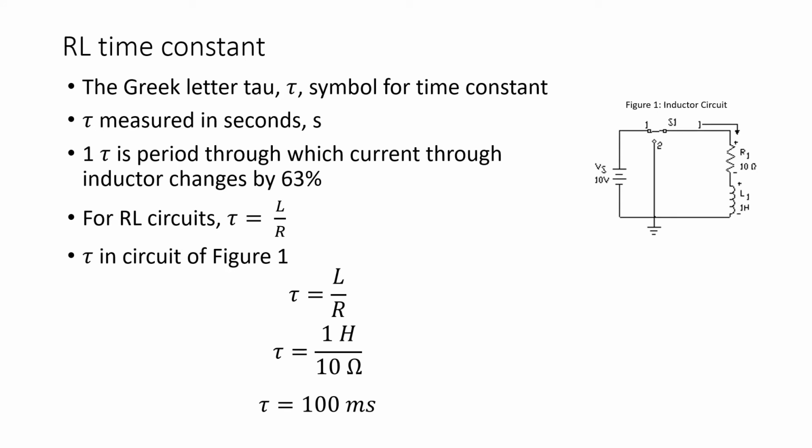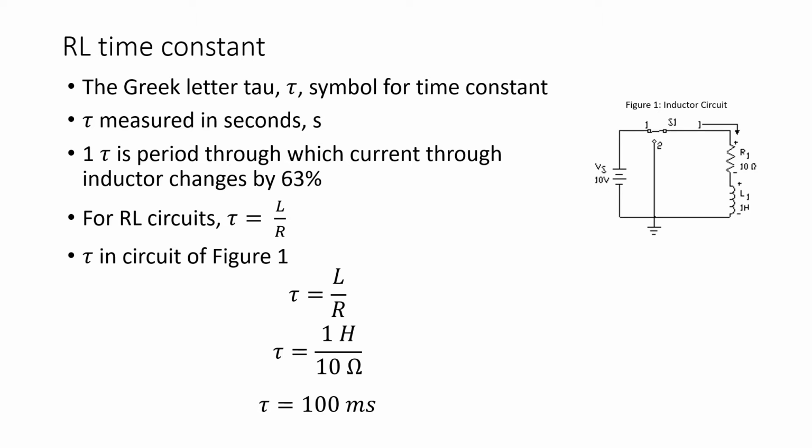Now, the first thing we need to define is the time constant of RL circuits. The Greek letter tau is the symbol for time constant, and the time constant is measured in seconds. One time constant is the period through which the current through an inductor changes by 63%.